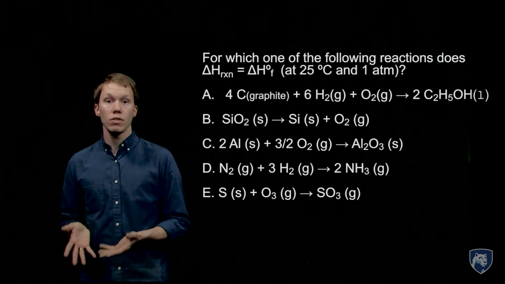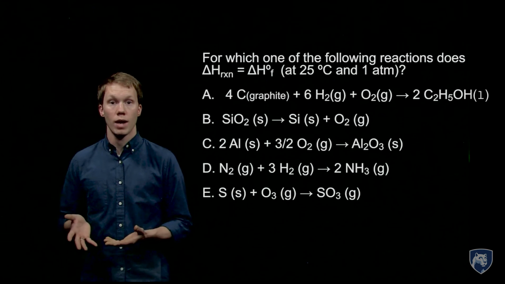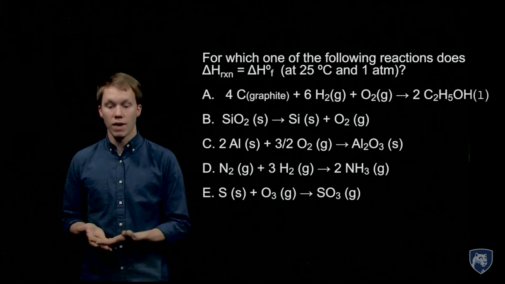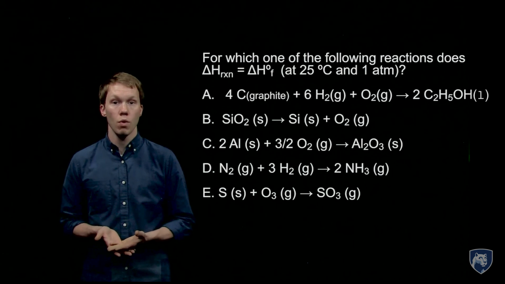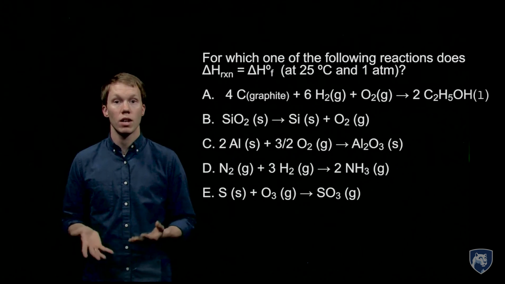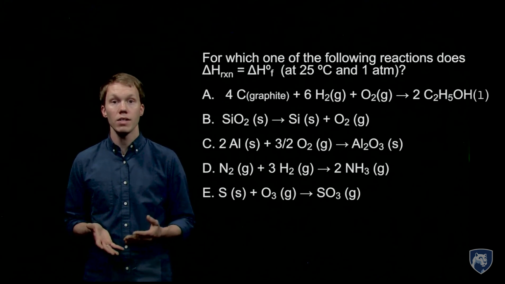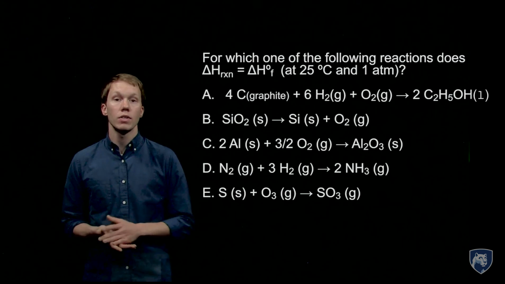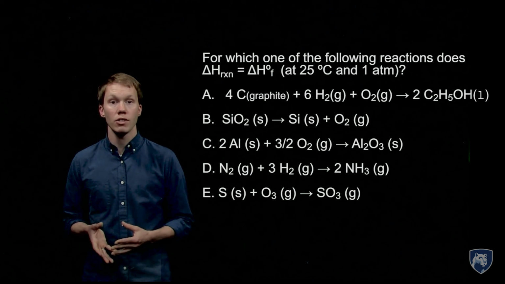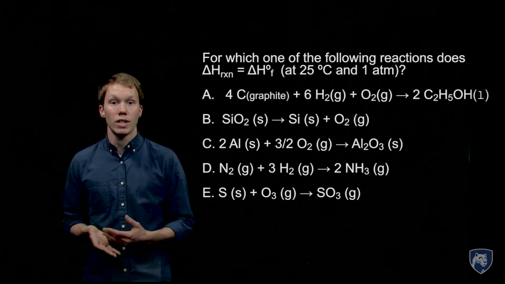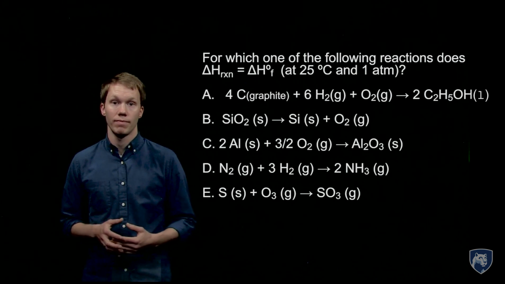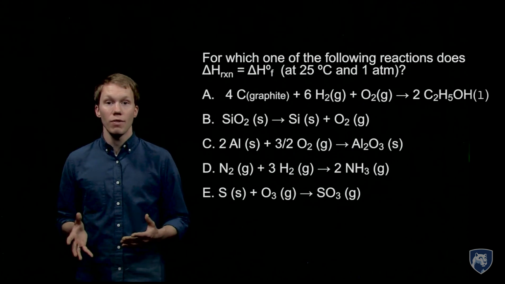Sulfur is in fact a solid at room temperature and 1 atmosphere pressure, so that's fine. But then oxygen is not in the most stable form. The most stable form of oxygen is going to be O2, my diatomic. This is ozone, O3. So this is not the elemental form of oxygen, and therefore this cannot be a delta HF equation. Okay? Thank you for watching.